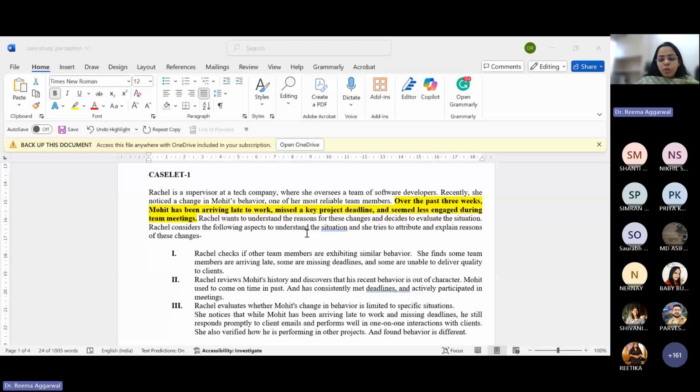Now, what is happening to consistency? Anyone? Again, I am telling you, if there is disturbance from anyone's side, then I will take the access of the mic. Please be very particular about it. Ma'am, consistency is high because he is consistently delivering to the client emails and meetings even though he is struggling with other factors.